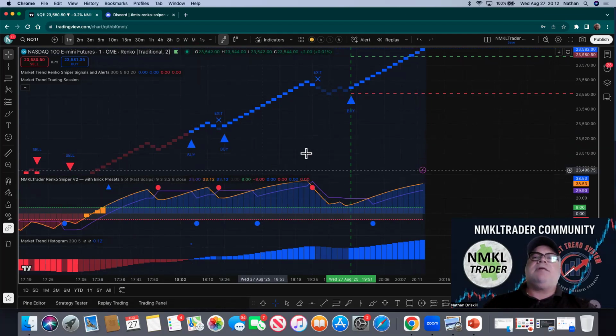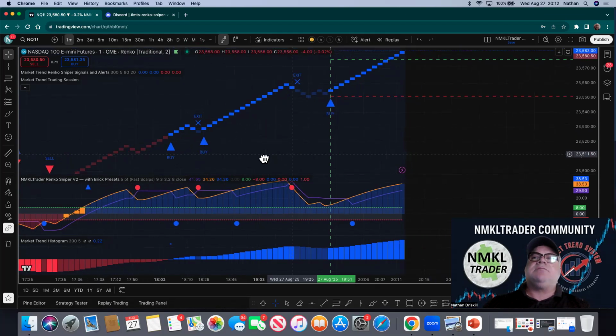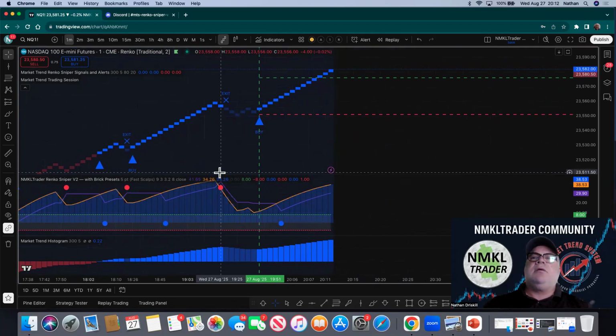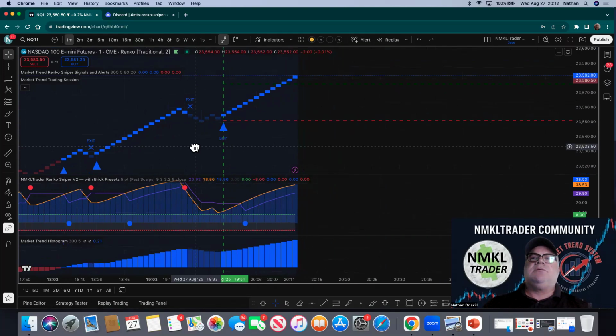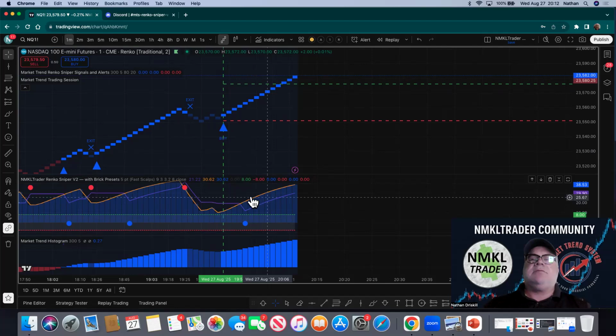But what we want to make sure of is a couple of things when we see this. We want to make sure that the orange is on top of the purple RSI. The orange for a buy must be on top of the purple RSI. So where does this actually take place?